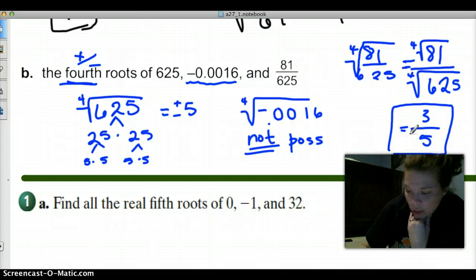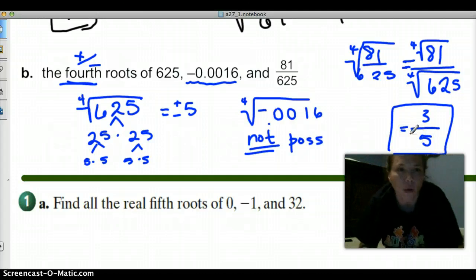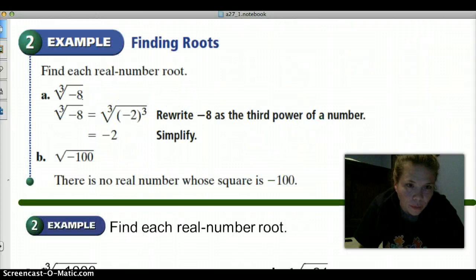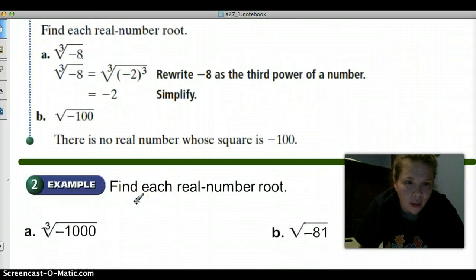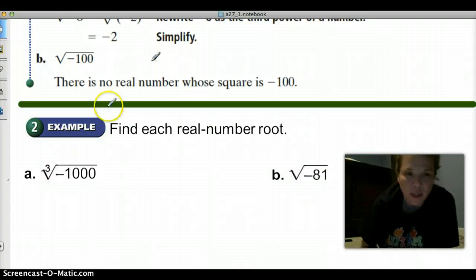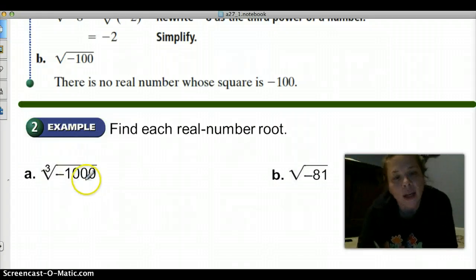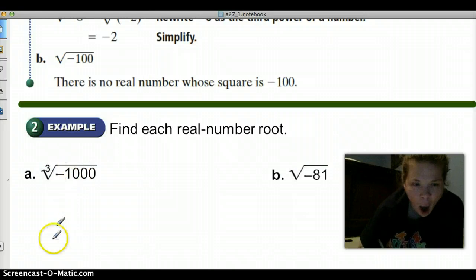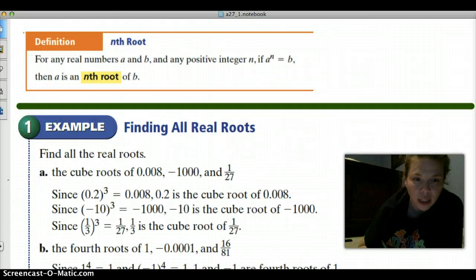All right, now let's go ahead and go on to the second example, finding the roots. Okay, so the only difference between this example and example 1 is the fact that this one is using those mathematic symbols instead of the language.